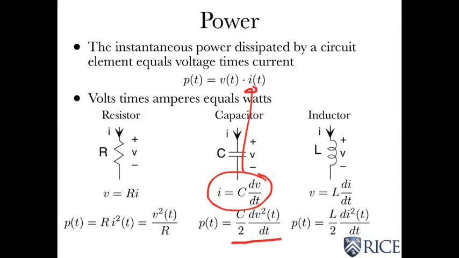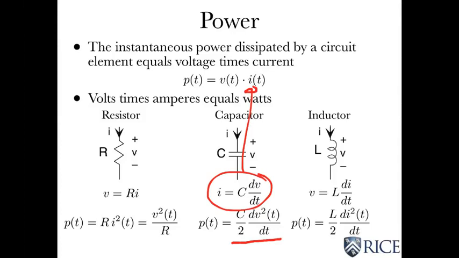Now, the square of a voltage, of course, is a positive number. However, its derivative can be both positive and negative. So there are times when a capacitor can actually produce power, and there are times when it consumes it. It depends on the nature of V.